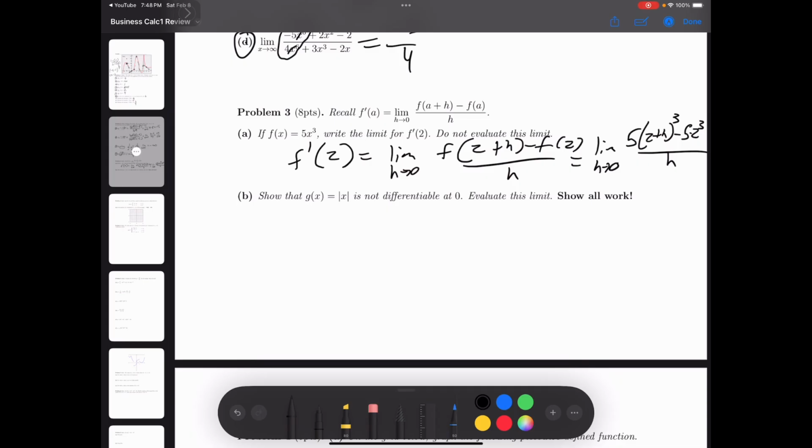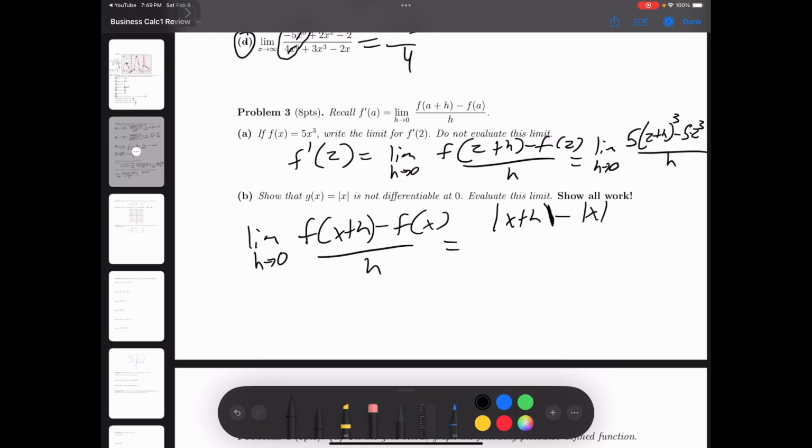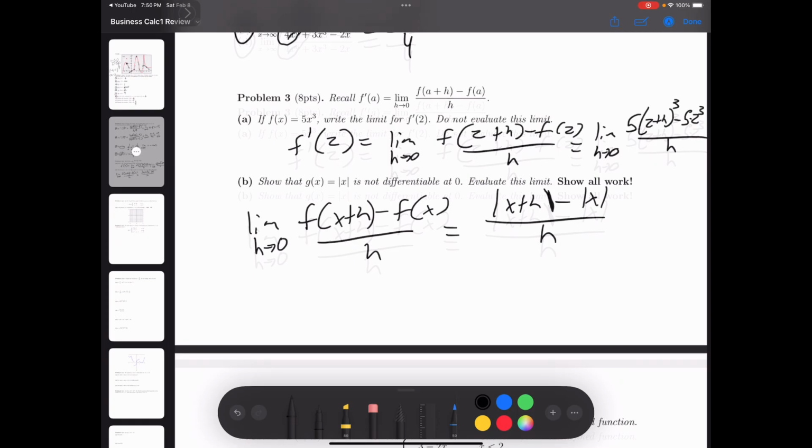Part B says show that g of x equals the absolute value of x is not differentiable. Evaluate this limit. Let's plug it in directly to our limit definition above. So I have the limit as h approaches 0 of f of x plus h minus f of x over h, which in this case is equal to the absolute value of x plus h, minus the absolute value of x all over h.